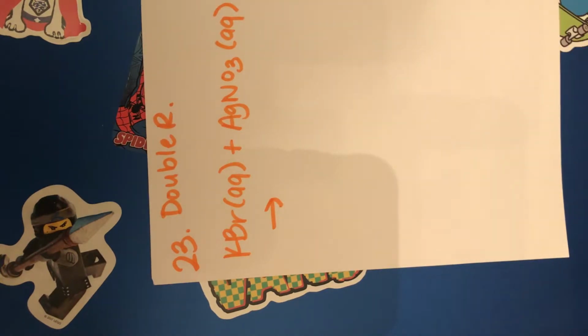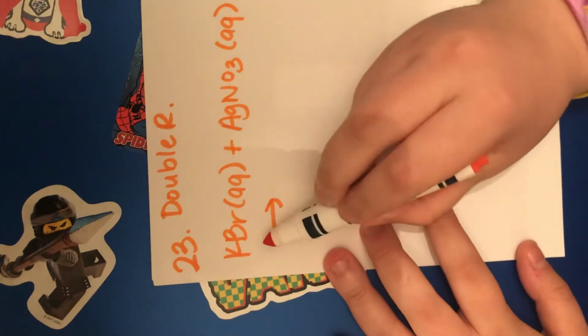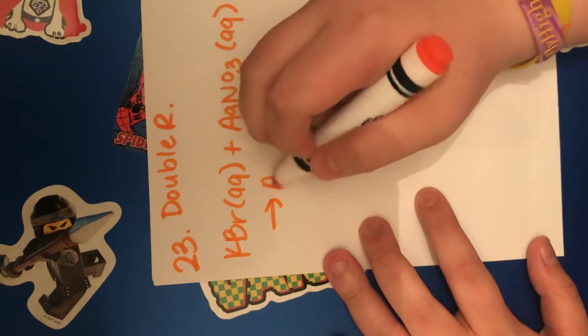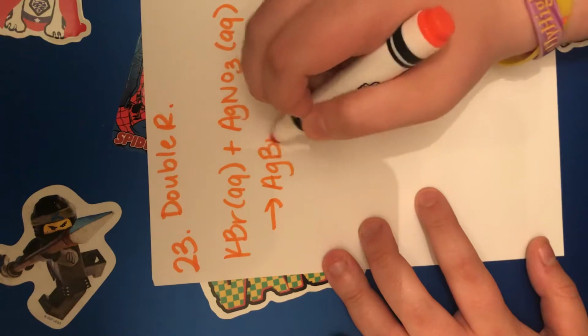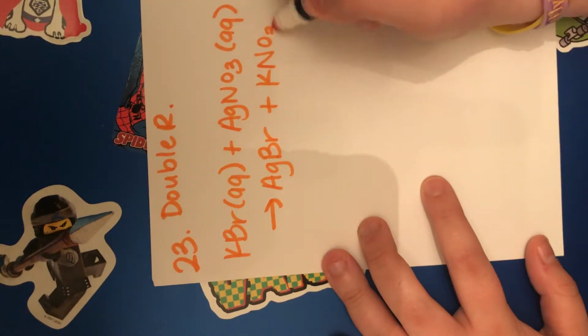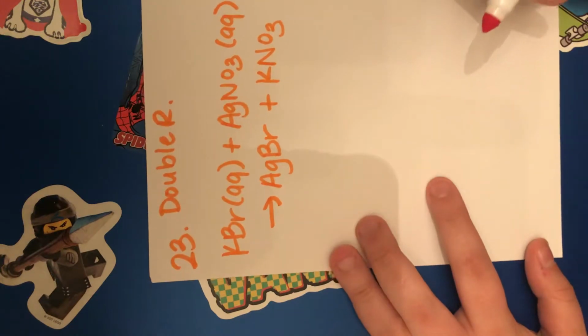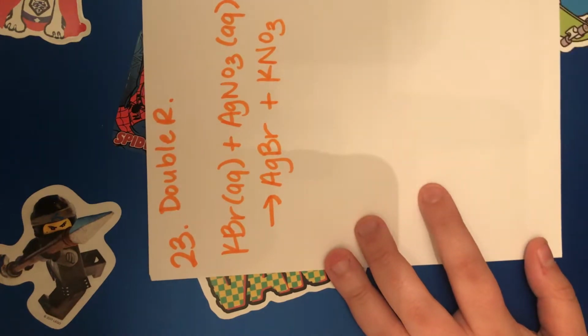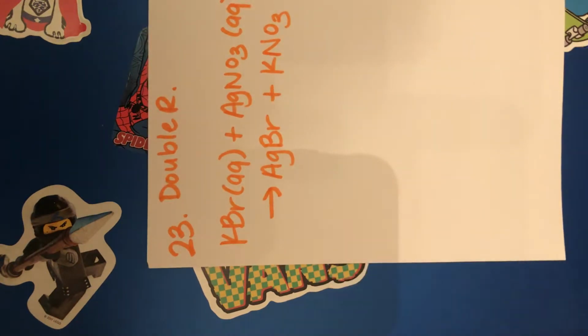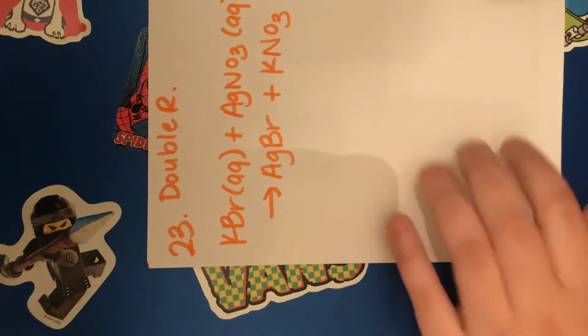replacements. So potassium replaces silver, so it becomes AgBr plus potassium nitrate, KNO3. And now we're going to balance them. Are they already balanced? All right, it's already balanced, so all coefficients of 1. That was easy.